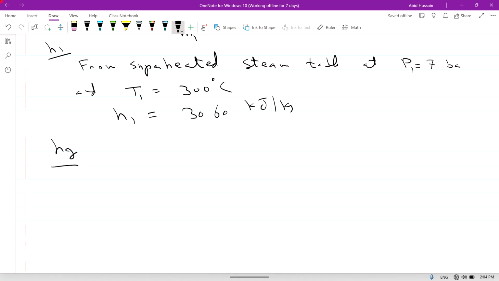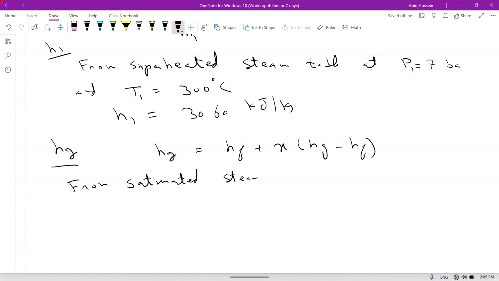Now we find h2. h2 is in the wet region. So for h2 we will use the formula h2 is equal to hf plus x times (hg minus hf). The dryness fraction x is given to us as 0.9, and we find hf and hg from the saturated steam table at pressure equal to 7 bar.